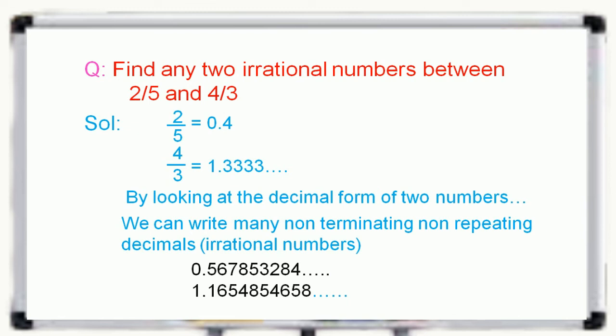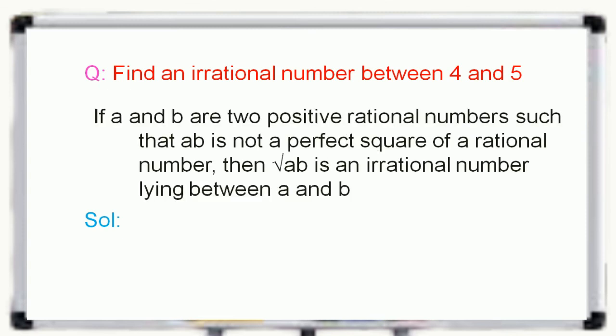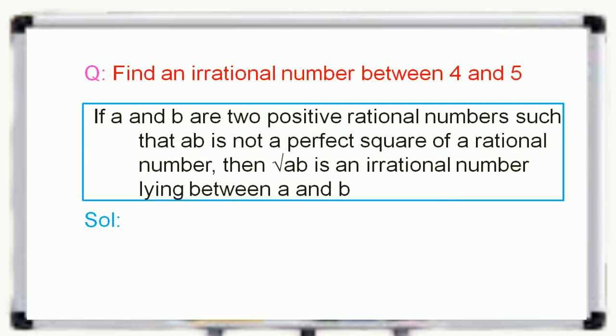So another question is, find an irrational number between 4 and 5. So here, if a and b are two positive rational numbers such that a into b is not a perfect square of a rational number, then square root of ab is an irrational number lying between a and b.